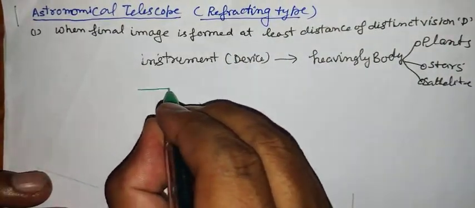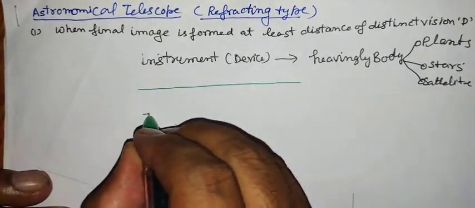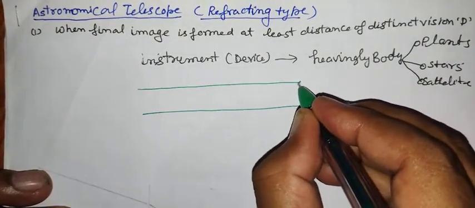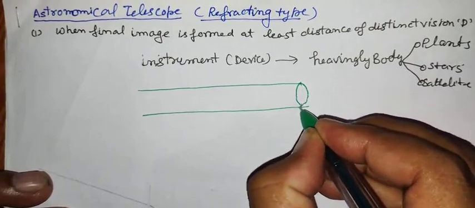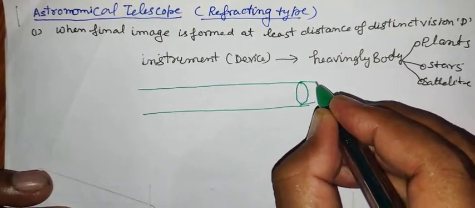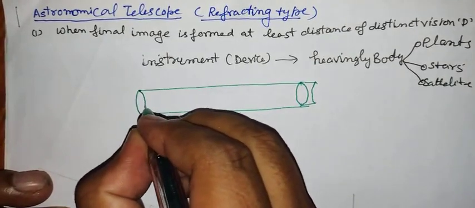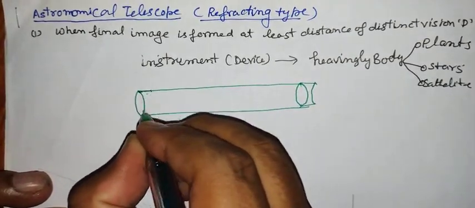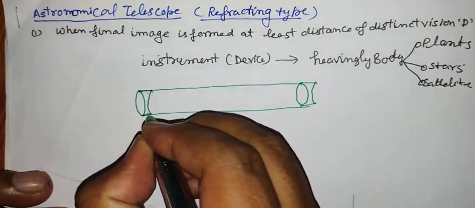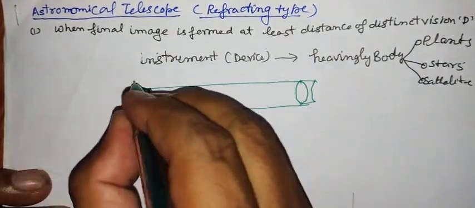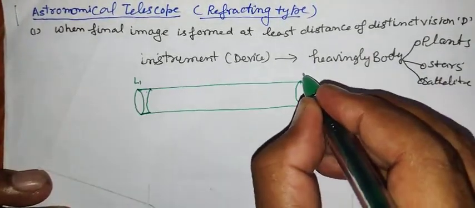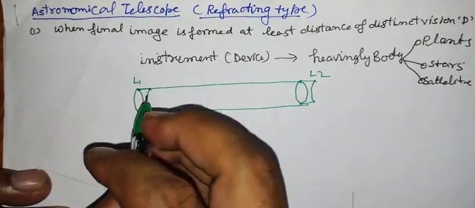It is a large cylinder containing two achromatic combinations of concave lens and convex lens, achromatic combination L1 and L2.